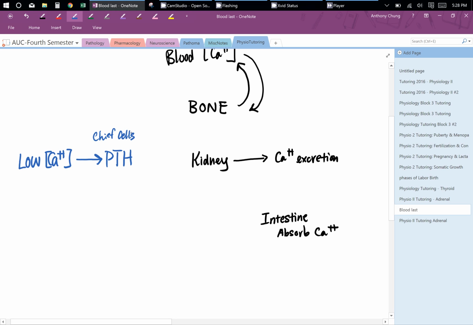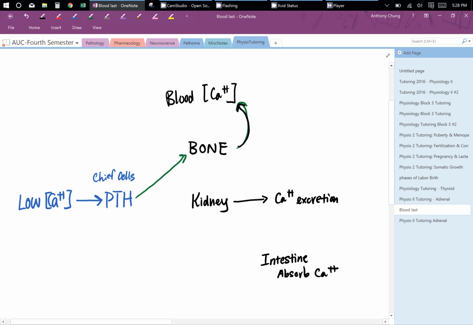And if it's stimulated during a low calcium situation, its effect is trying to fix that problem. So it wants to increase calcium. So it's going to make bone give up more calcium and put it into the blood. It's going to decrease the excretion of calcium.